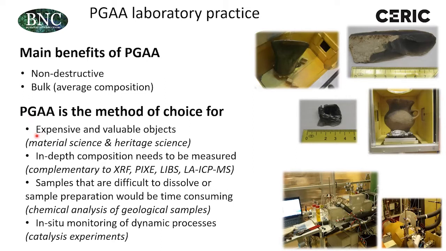When your sample is either expensive or valuable, like a heritage science object, where you need in-depth composition instead of surface composition, which other methods cannot deliver for you, or the sample is very difficult to dissolve, or you are worried about some digestion losses or additional impurities that you carry in during the sample preparation, or when your sample is not stable in time, because this method you can use for in situ monitoring of dynamic processes, or in situ measurements of equipment which can be installed in the beam line.